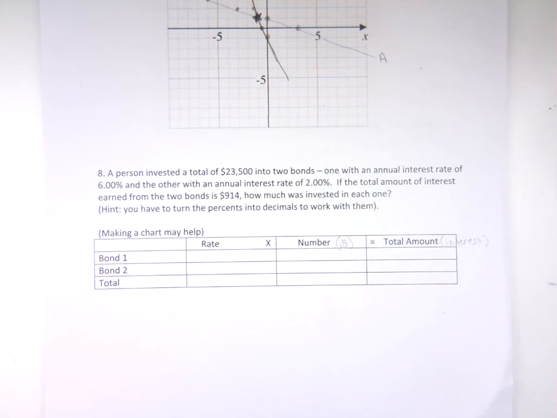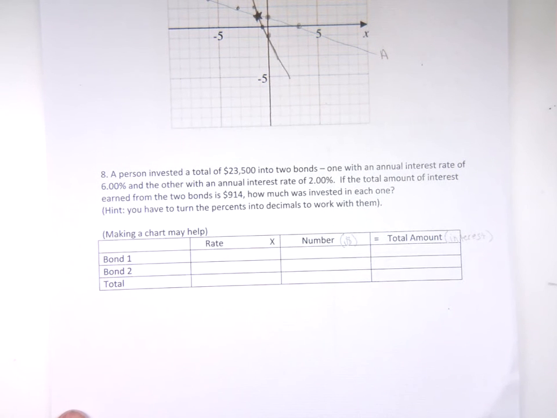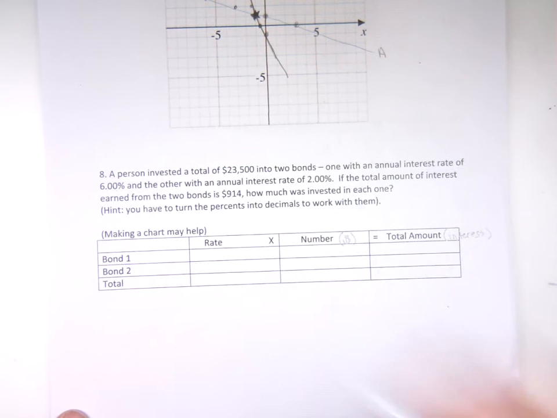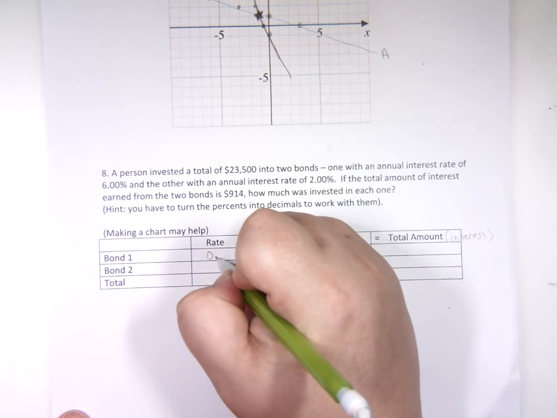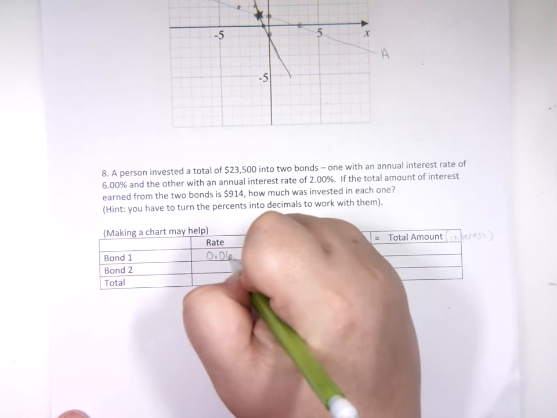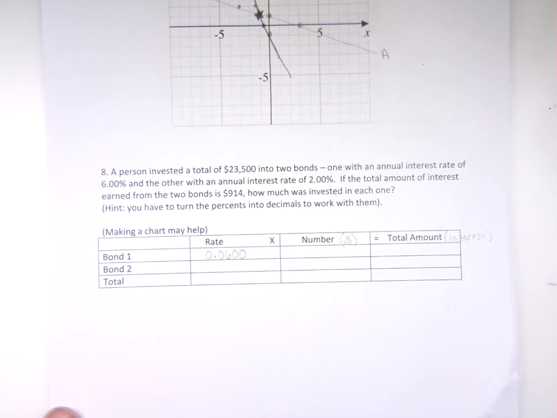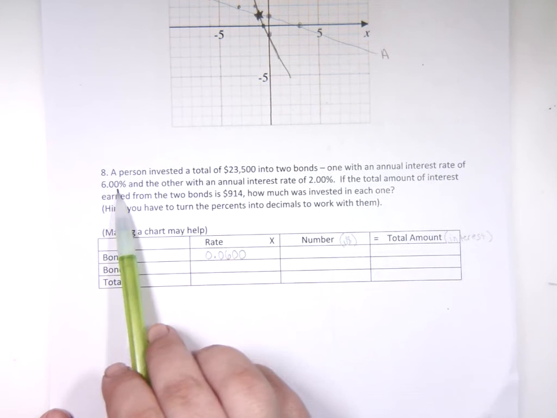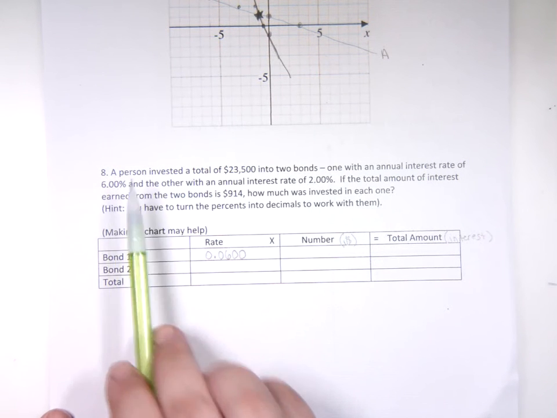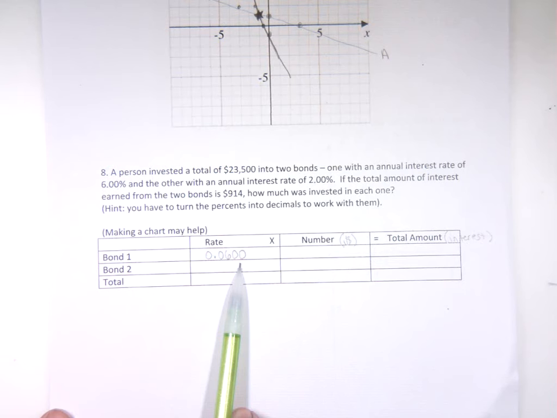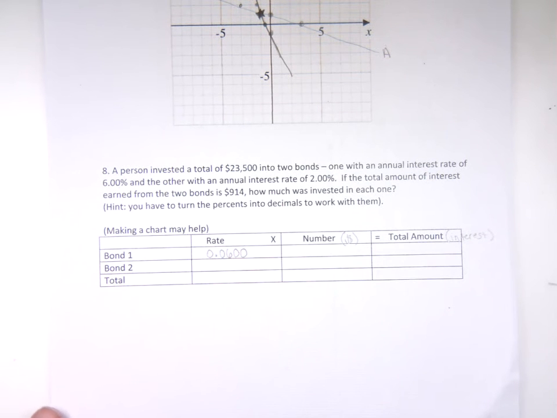So our first interest rate is 6%. So I'm going to write this as 0.0600. And again, I gave you 3 significant digits here, so it's important to keep those when you turn this into a decimal number. So we've got an interest rate of 6%, and we don't know how much we invested here.